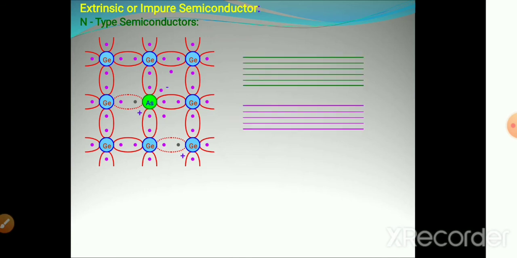Now these donated electrons have high energy, and their energies are just below the energy of the conduction band. So these donated electrons populate an energy level just below the conduction band. This level is called the donor level.